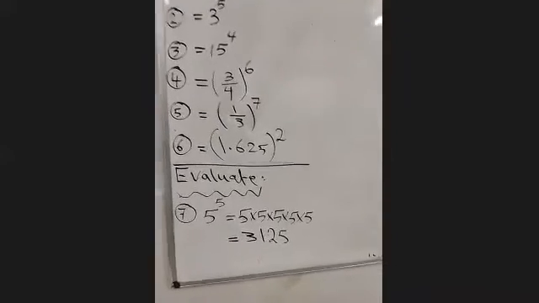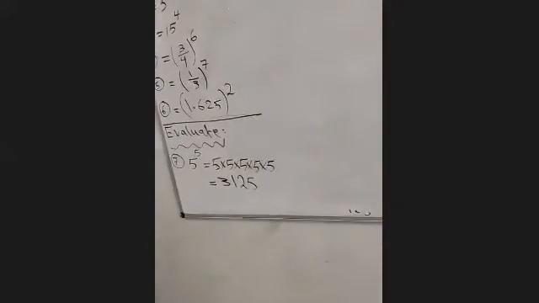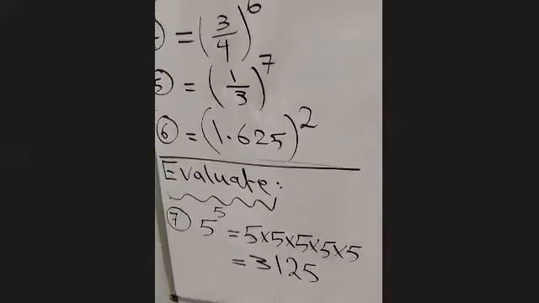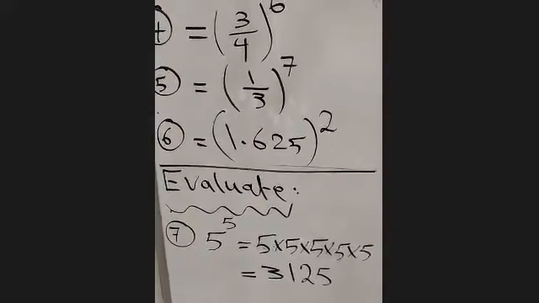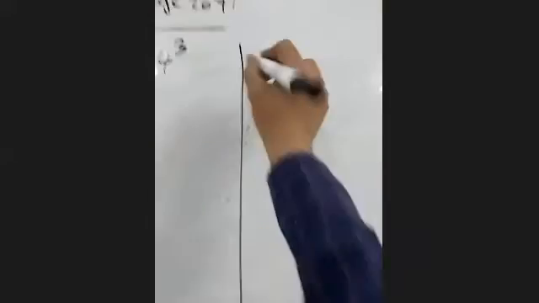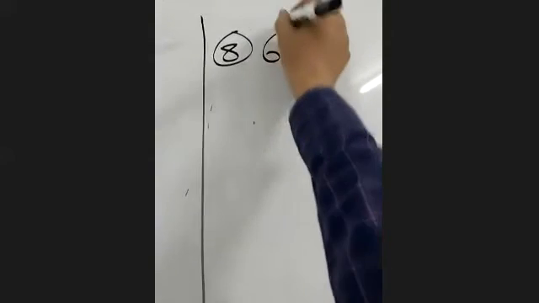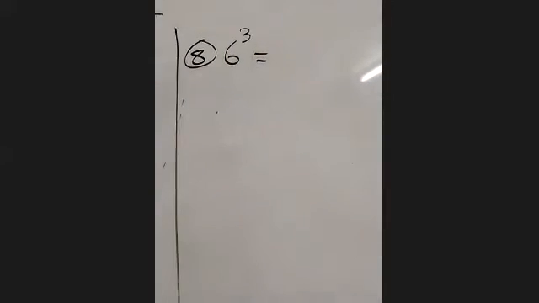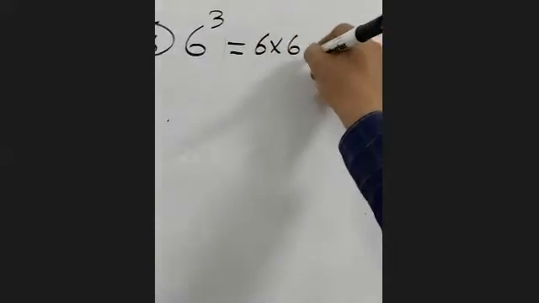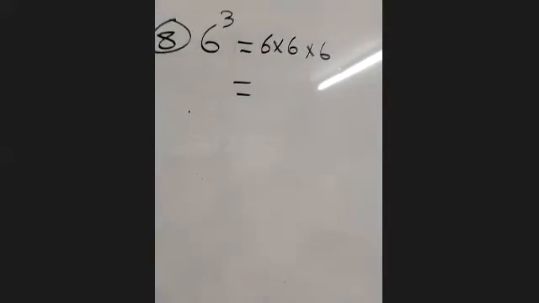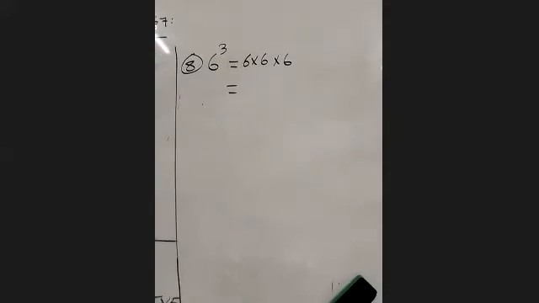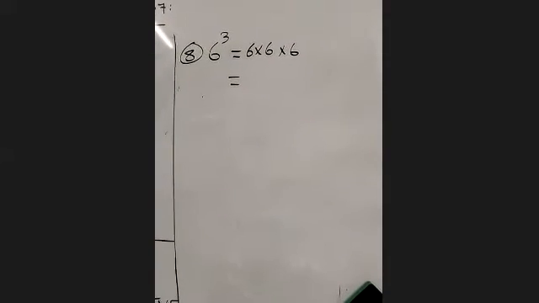Question 8. What do we have in question 8? 6 to the power of 3. How do we find it? 6 multiply 6 multiply 6. 6 multiply 6 equals 36.